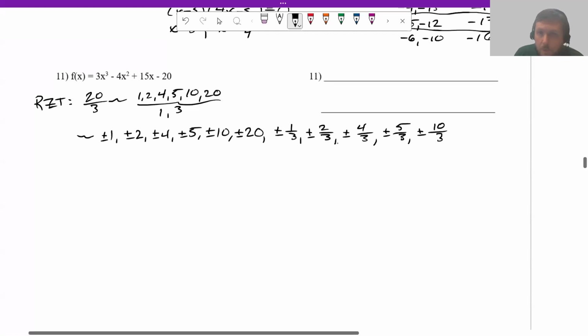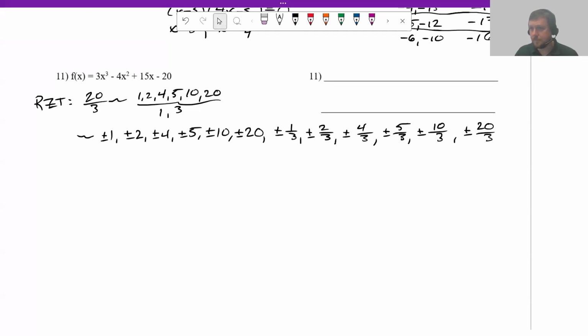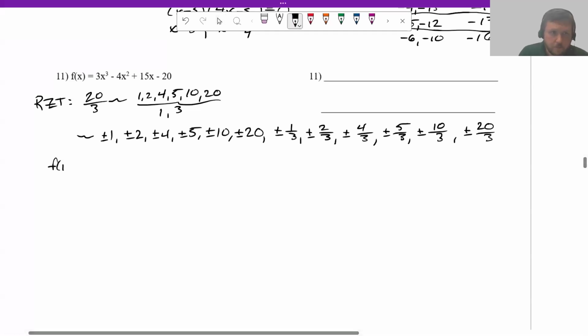So use a computing machine. I know all of you could do this by hand, but that takes longer. So f of 1. Well, you can just add the coefficients.